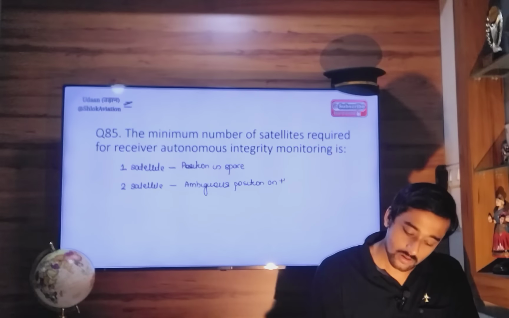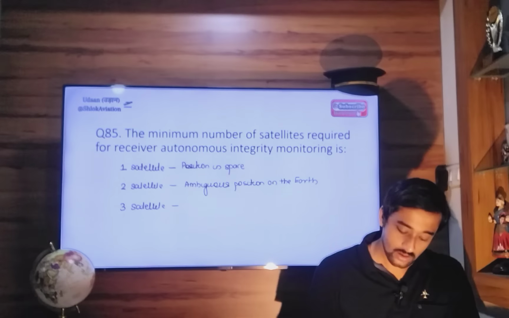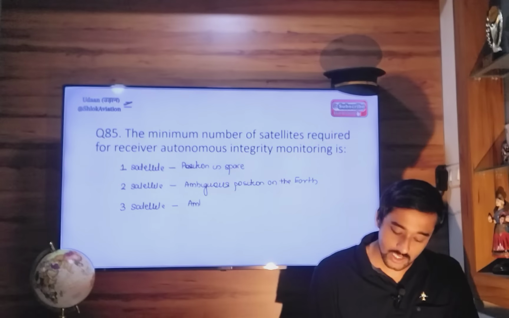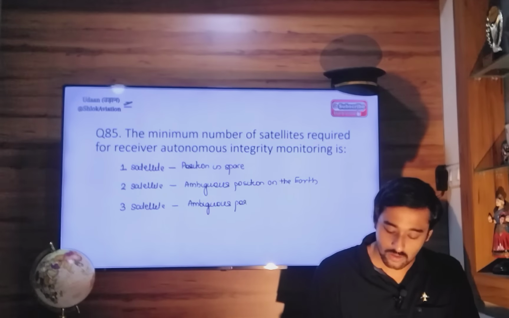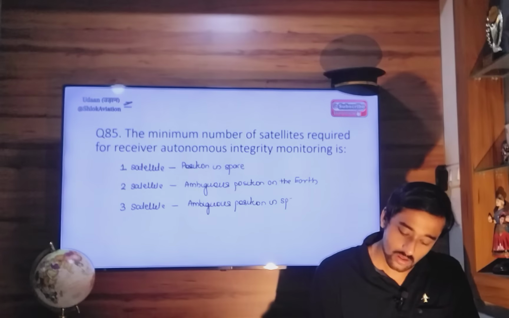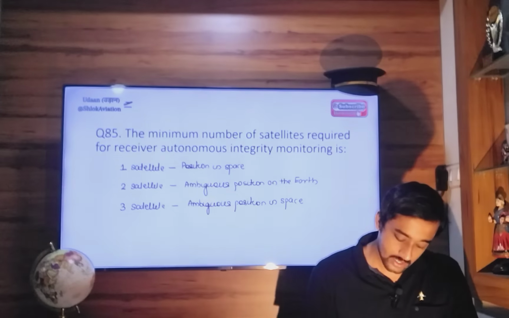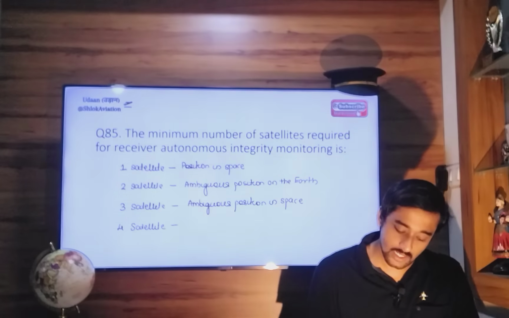Third satellite to have an ambiguous position in space. Fourth satellite to obtain a fix in space.